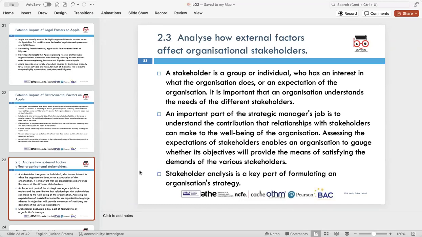Understanding the contribution that connections with the stakeholders may make to the overall well-being of the company is an essential component of the job performed by the strategic manager, in order for an organization to determine whether or not its goals will be able to meet the requirements of the various stakeholders.